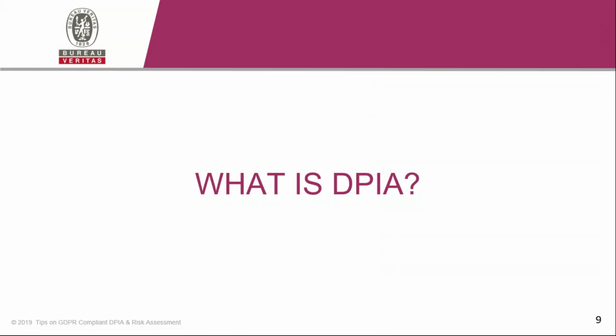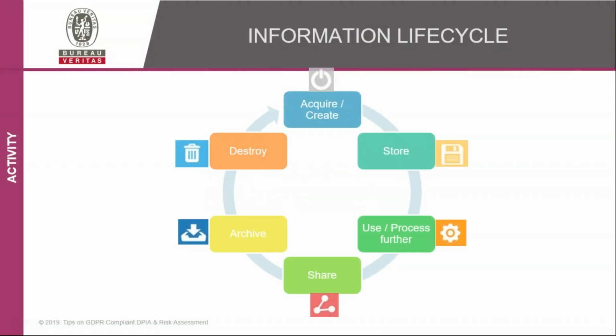So what is DPIA? Well, this is kind of an interesting question. To understand what DPIA is, we need to understand the information life cycle here. The data is somehow created as you were born, or even earlier, actually. So you have a name, you have a family, relations, you have some school records, you have health records, and all this data accumulates over years. Especially nowadays with the concept of big data, everybody's interested in acquiring data.